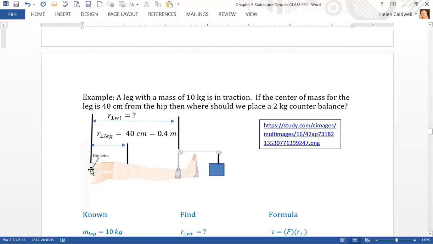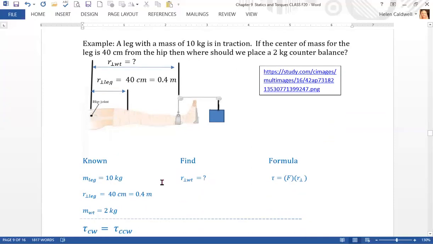So the hip is the pivot. I told you in the problem that the center of mass for your leg is at the 40 centimeter mark, which would be 0.4 meters. We want to know, where should we put this 2 kilogram weight so that your leg stays balanced, your leg is straight? Like I said, this is not a realistic traction device, but that's all right.